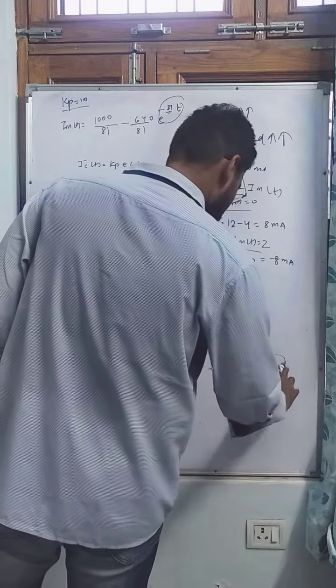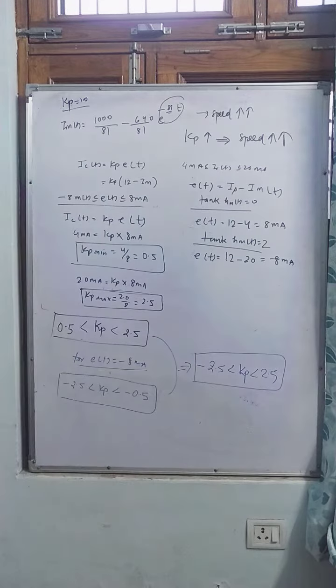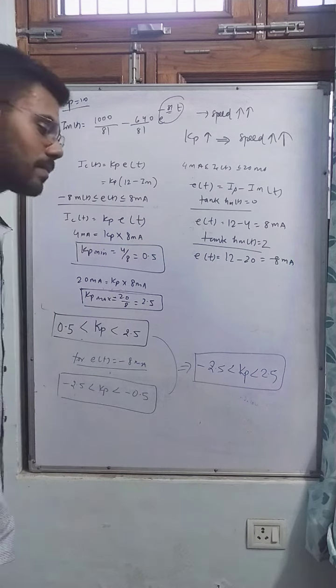This is the range of Kp which we should take if the remaining parameters are these.